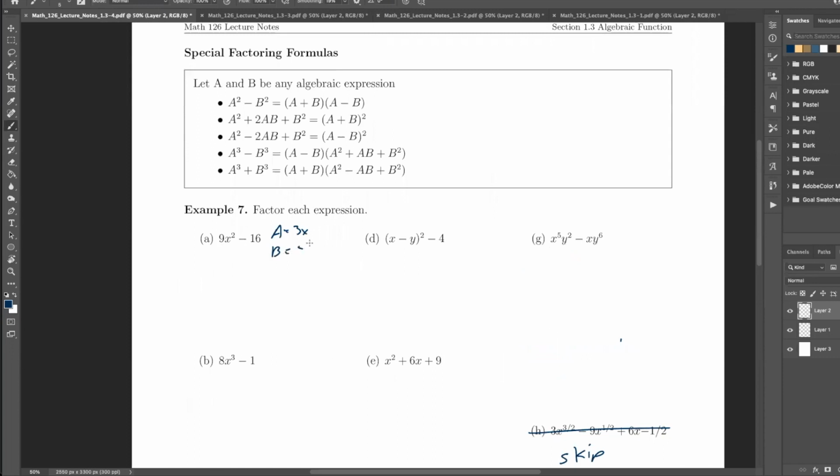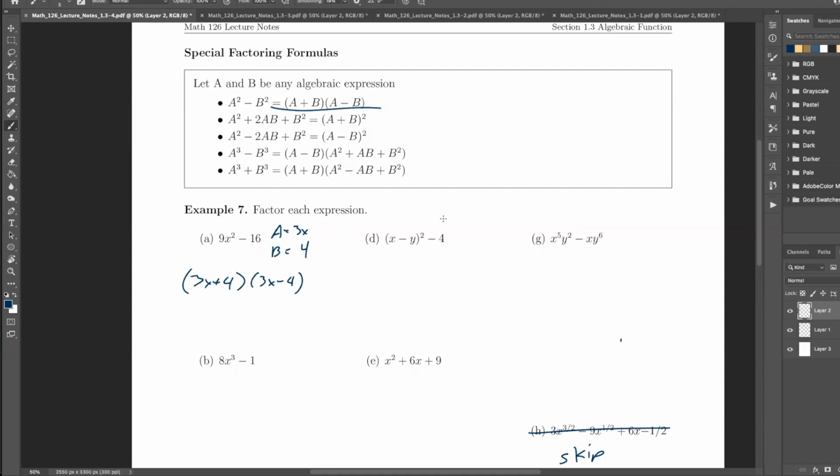B is positive 4, right? In this case, 4. So if I have this squared minus this squared, I know what this is. It's just right here. So it'd be 3x plus 4, 3x minus 4. Okay. And factoring these squares would be really nice.